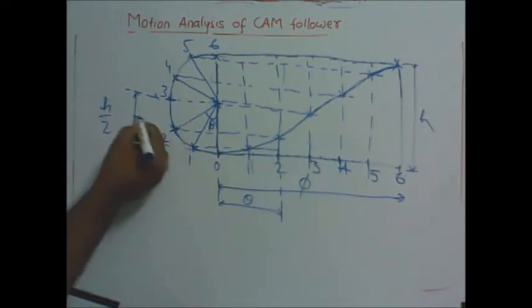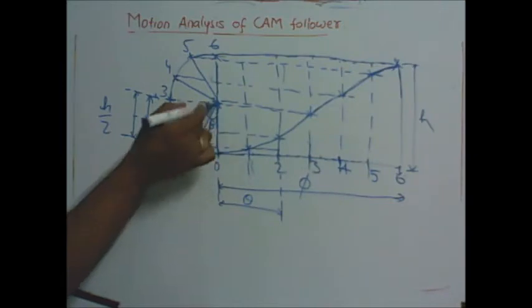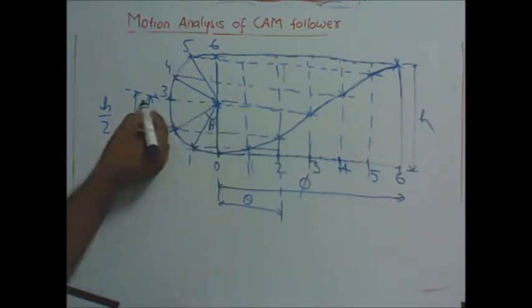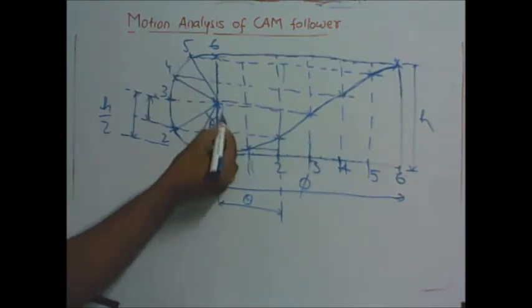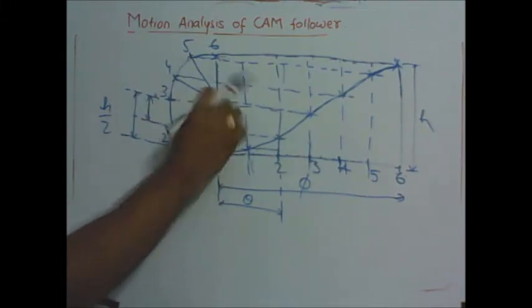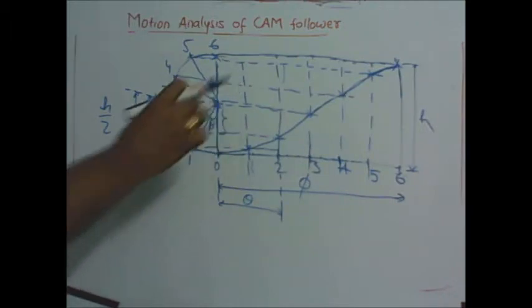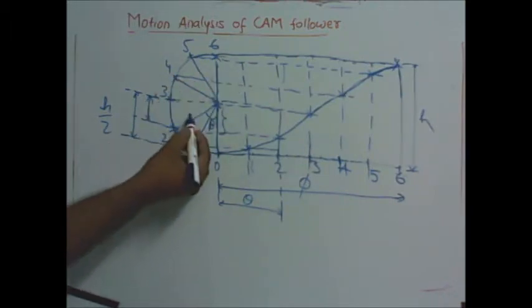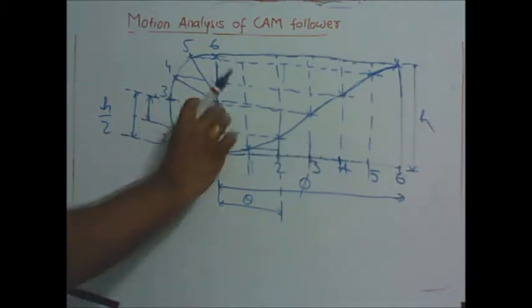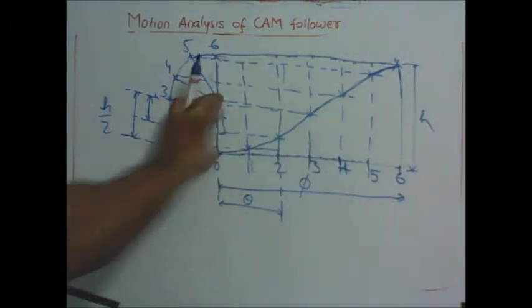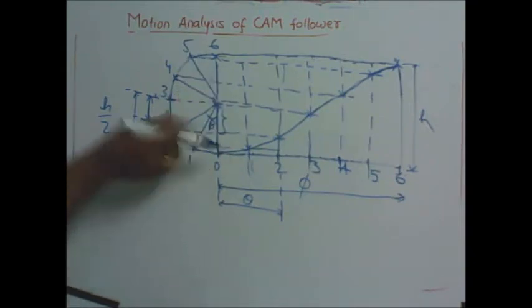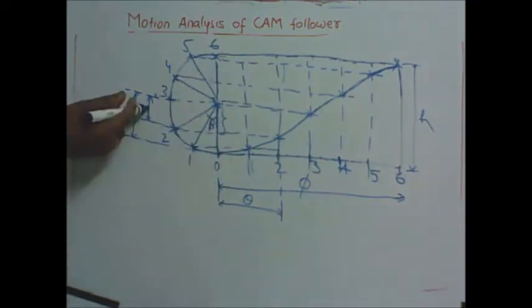Since this is beta angle, this intercept part is given by the radius of the harmonic circle, which is half of the total height, h by 2. So h by 2 into cos beta will give this intercept.